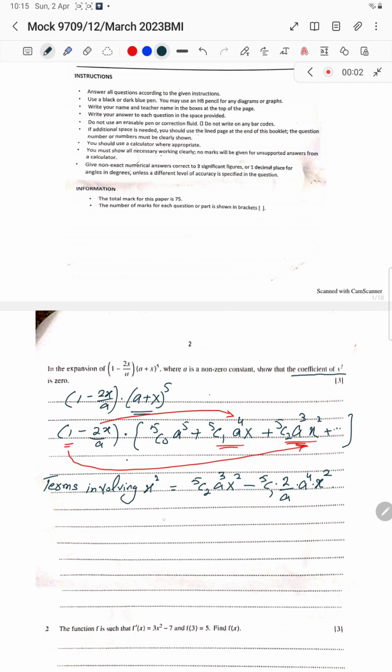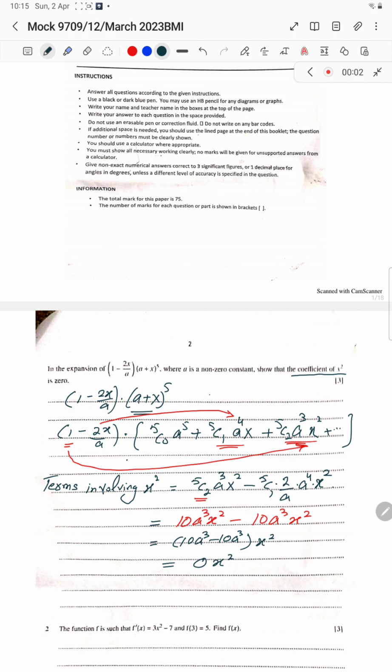Now by using the calculator we can expand these combinations. 5C2 gives 10 a^3 x², and 5C1 gives 5, and 5 times 2 again is 10. a^4 over a simplifies to a^3 x². Taking x² common, we get 10a^3 − 10a^3, which gives 0 x².